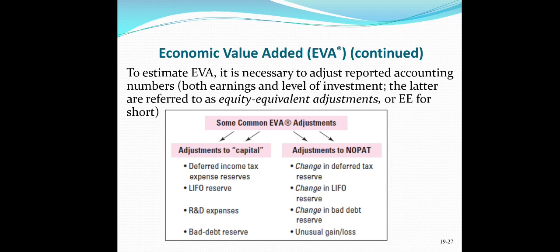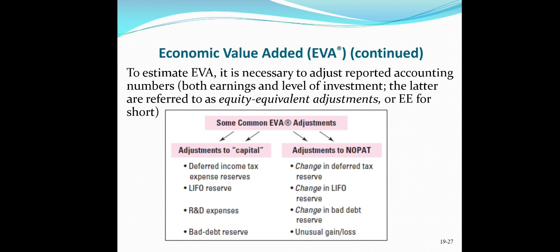Okay, the next thing is to estimate EVA. It is necessary to adjust reported accounting numbers, both earnings and level of investment. The latter are referred to as equity equivalent adjustments, or EE for short. So in the white box in this slide, you can see some common EVA adjustments. The first, on the left side, are adjustments to capital: deferred income tax expense reserve, LIFO reserve, R&D expenses, bad debt reserves.